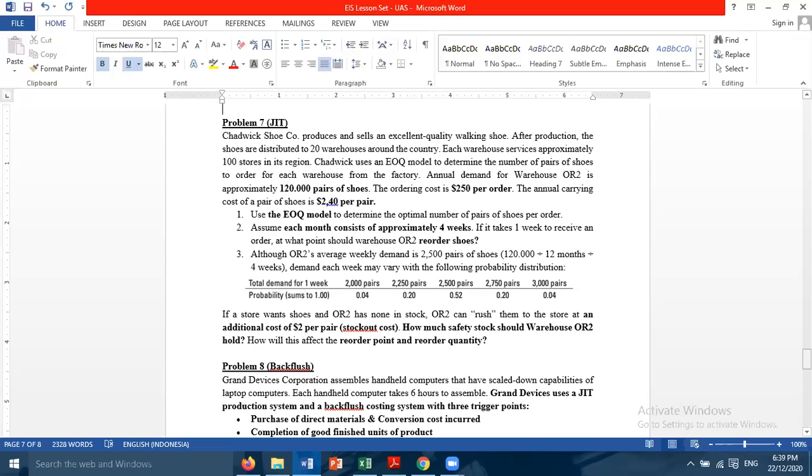The first is EOQ, or economic order quantity, which is a formula to give us the optimal order quantity. The formula is simply Q equals the square root of 2 times demand for a specified period times the ordering cost, divided by the carrying cost. That's EOQ. We'll see it in implementation later.